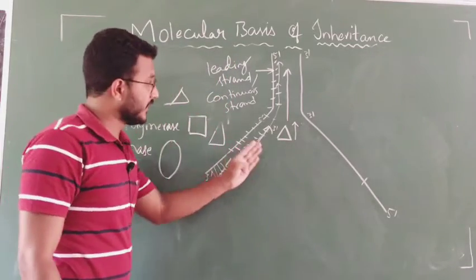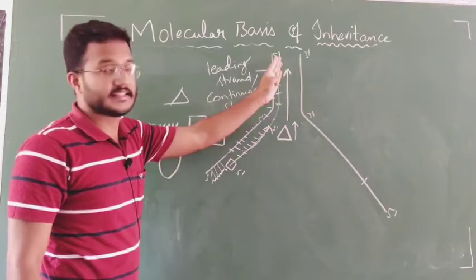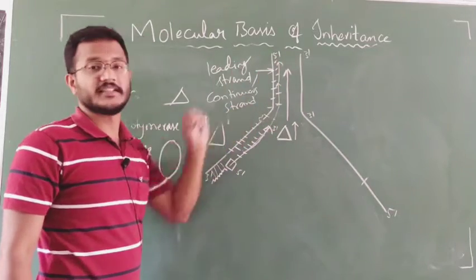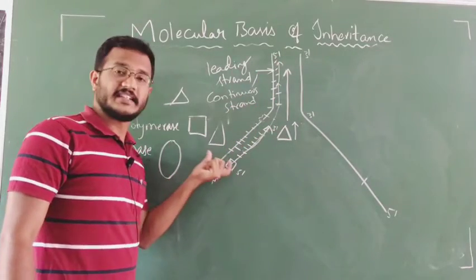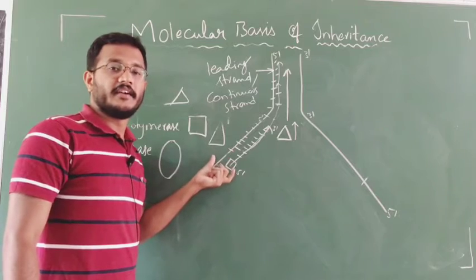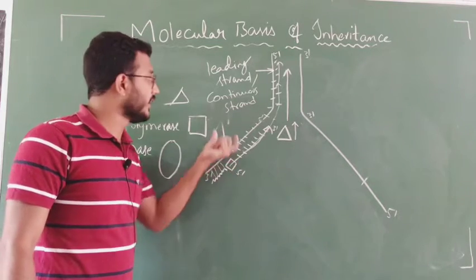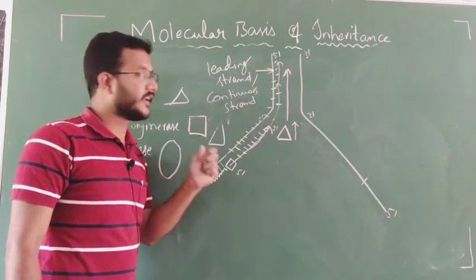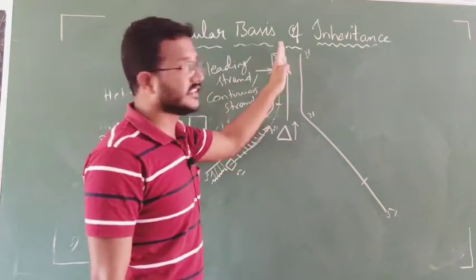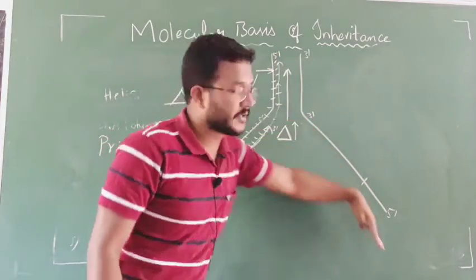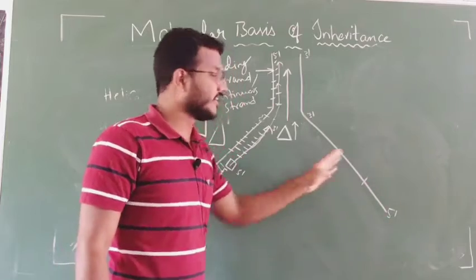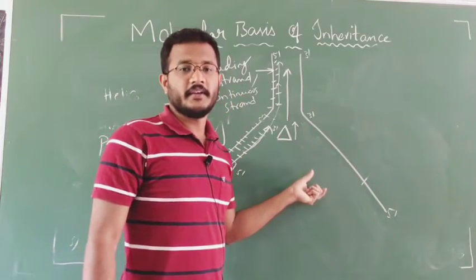Observe this side: the DNA helicase direction is the same, and the DNA polymerase direction is also the same. So synthesizing this strand will be very quick, efficient, and continuous. But here the DNA helicase direction is this, and the new strand formation direction is this. So here some complexity will be there.